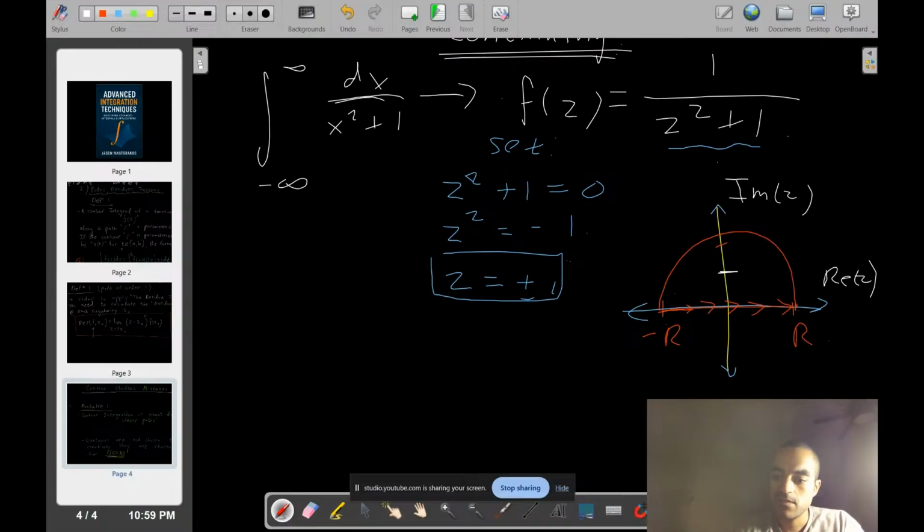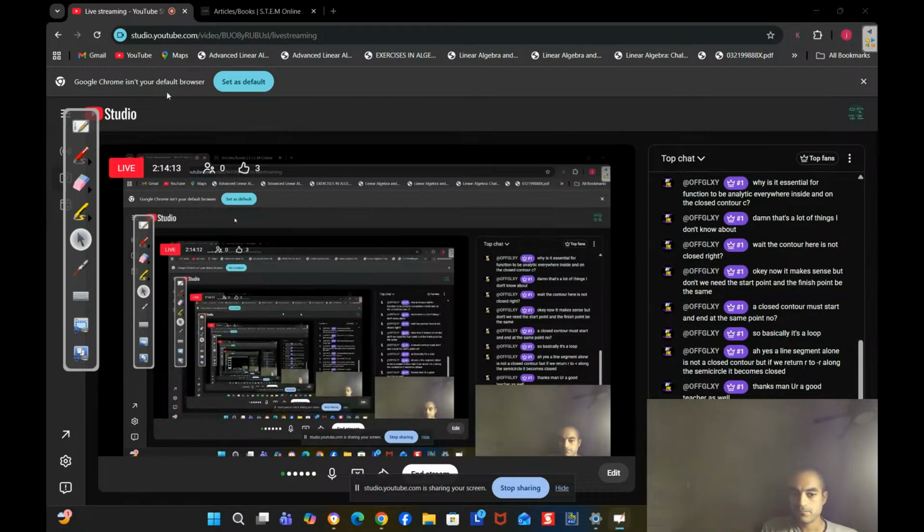This is the imaginary axis, by the way, and this is the real axis on the complex plane. Let's say this is i on the positive imaginary axis, and negative i is outside. Since negative i is outside of the contour, the semicircle, we don't include it when we calculate using the residue theorem. So make sure you understand that.